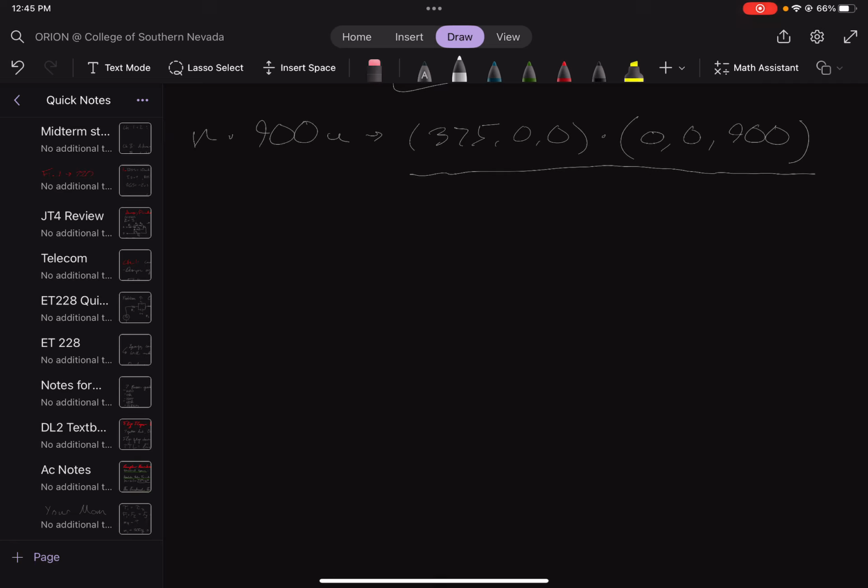We don't have that divided by anything, sorry. What happens is we have to do the product of all these. 375 times 0 is 0, and 900 times 0 is 0. So the whole thing becomes 0 watts.